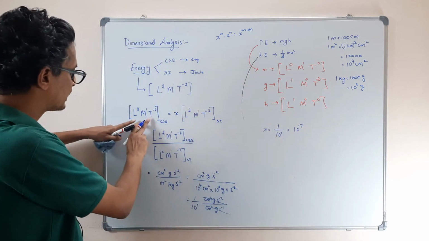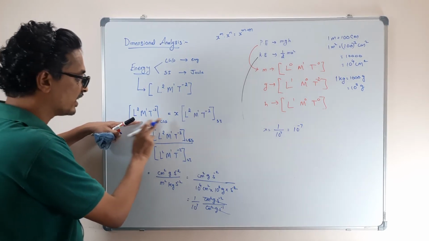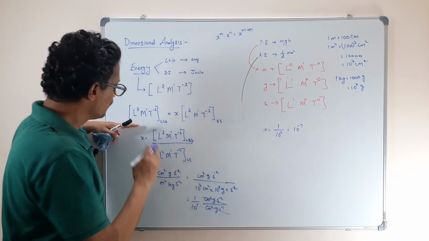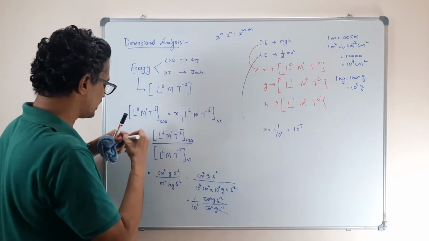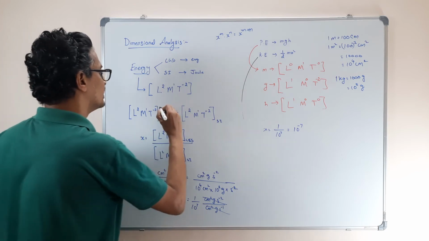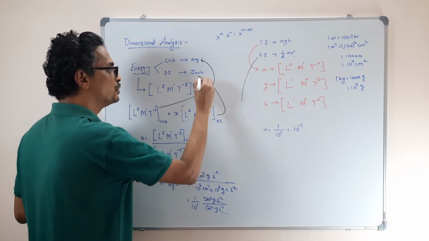Okay, so a CGS energy is connected to the SI energy by 10 to the power of minus 7. Correct? What is the CGS unit of energy? Tell me. What is CGS of energy? CGS is erg. Am I right? SI is joule.